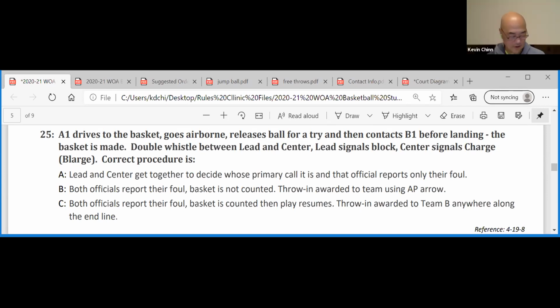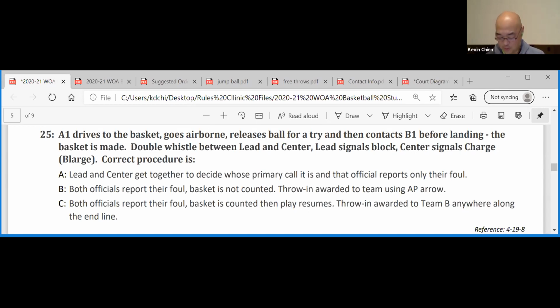A very good friend of mine and Stacy's during the state tournament two or three years ago had this happen to him, and they didn't get it correct at the state tournament level. So this is probably one of the hardest questions on the test. We can spend half an hour discussing this, and we're not going to do that.